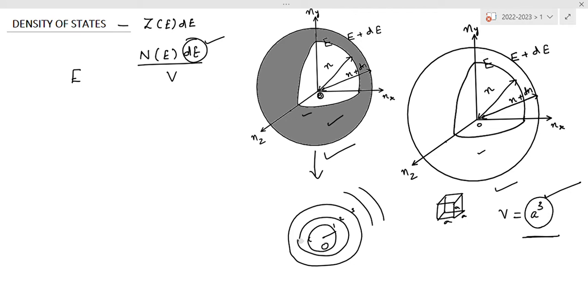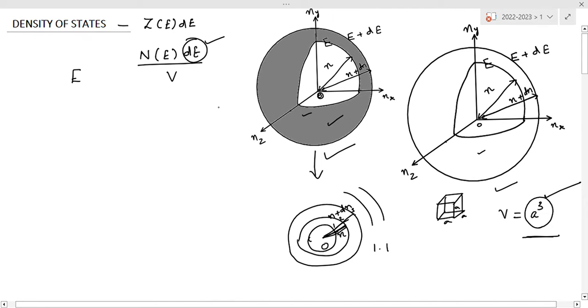From the origin, this second shell is with the radius N, and the third shell is with the radius N plus dN. For example, N is 1 millimeter, just as an example, and N plus dN is 1.1 millimeter.